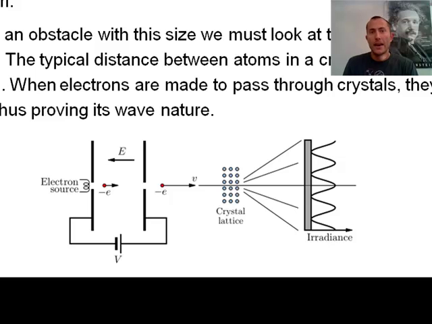And when they used the distance between those maxima and minima and calculated backwards, they got a wavelength that was very, very close to what was theorized should be the wavelength of an electron.